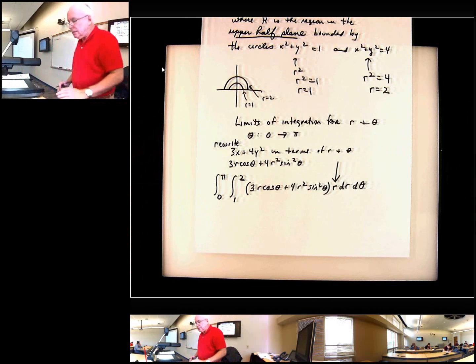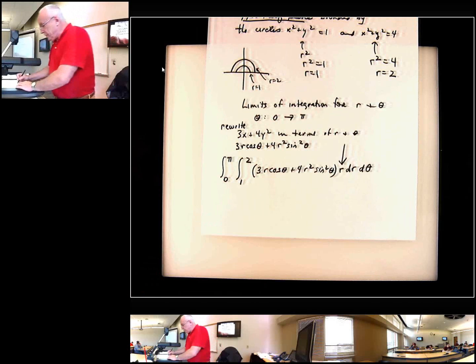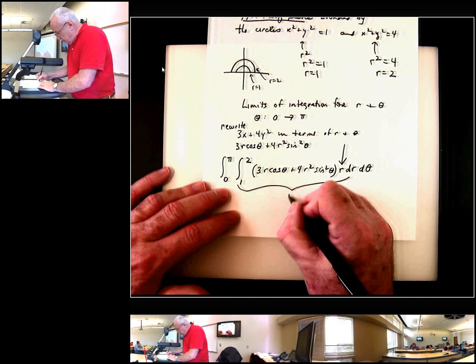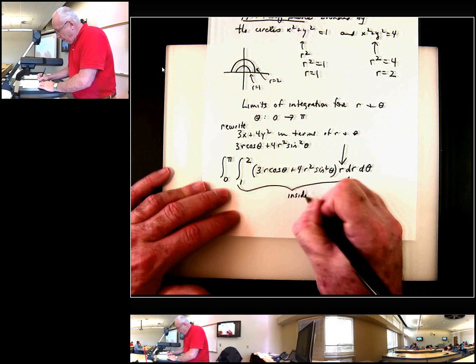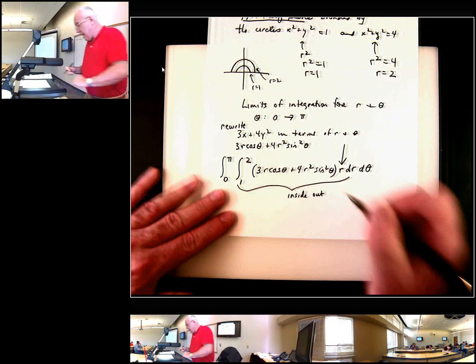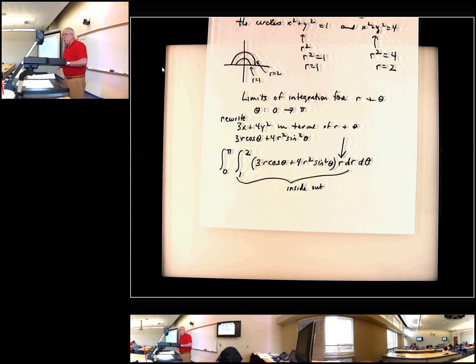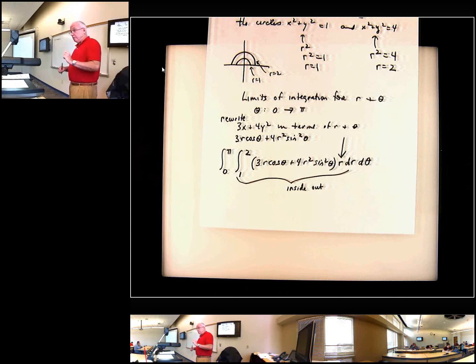Okay, so let's evaluate this. So remember, we work from the inside out. So we're going to do this inside integral first. Now, I'm integrating with respect to r, so therefore that means the other variable is theta. That is treated as a constant.